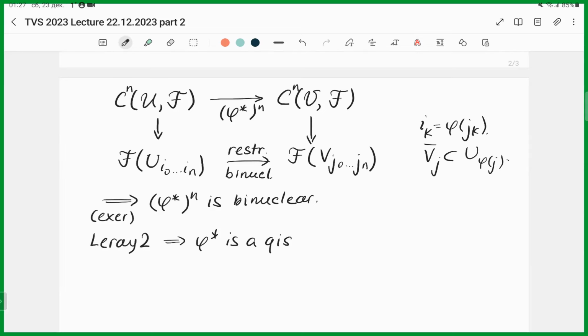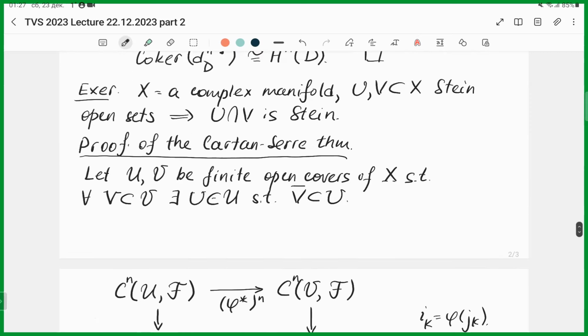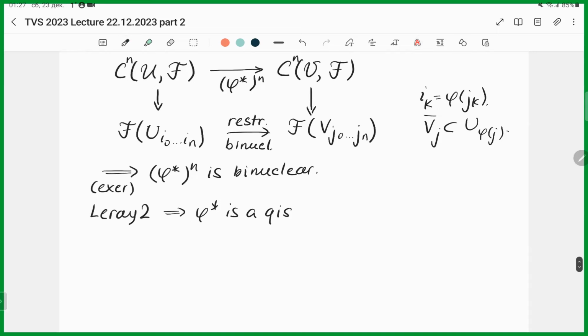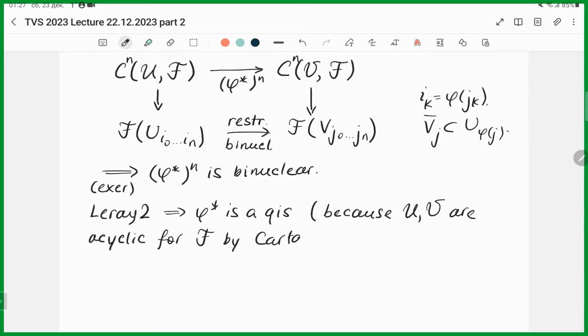And by our previous exercise, all finite intersections which appear in this diagram are also Stein sets, so F is acyclic on each of these finite intersections by Cartan's theorem B. So it's a quasi-isomorphism because U and V are acyclic covers for F, by Cartan's theorem B and by the exercise, that is, finite intersections are also Stein sets. Okay, so here are acyclic covers.